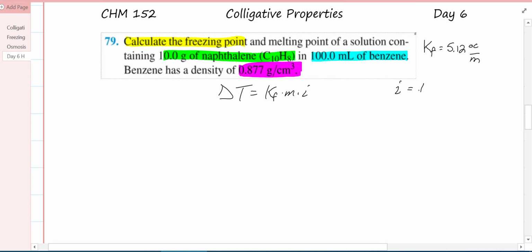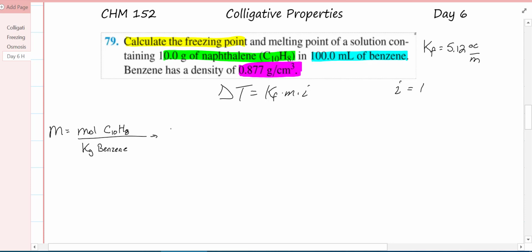Okay, so now we need molality. And so my molality would be moles of C10H8 all over kilograms of benzene. And what do I have?